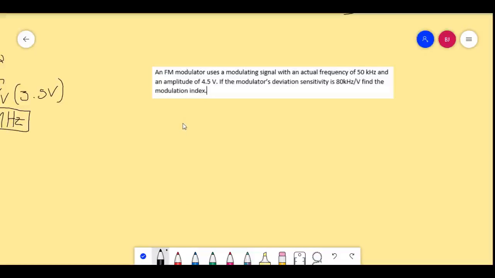So that means our modulation index would be equal to K2Vm. Remember, our K2Vm is our frequency deviation, and then divided by our frequency of the modulating signal.